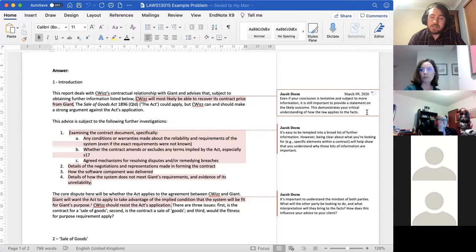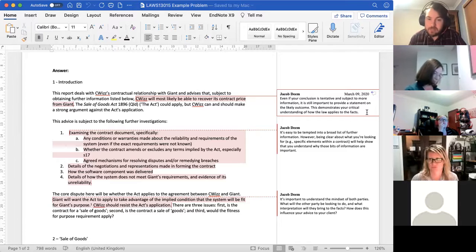What's important is to still come up with a conclusion, even if you recognize that nothing's a guarantee in this space. So CWIS will most likely be able to recover. That's the kind of tentative but still clear conclusion that I'd be looking for.